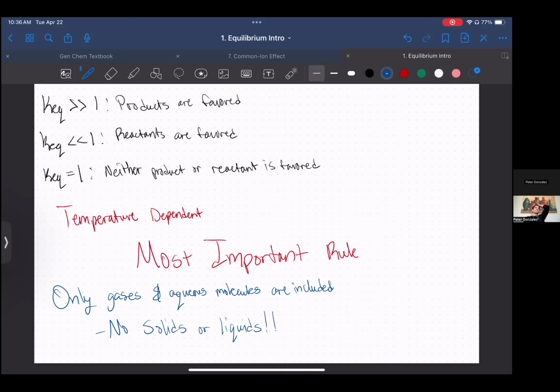There are reasons for this. Again, I'm not the biggest expert on it because it never made sense to me, and no matter what textbook I read or what internet explanation I found, none of it really made sense either. For those who want to see if they understand it better than I could, please tell me if you do. It's because their activity is one, which basically means that if they were included in the equilibrium expression, they would just have a value of one, which wouldn't matter since anything you multiply by one is just itself.